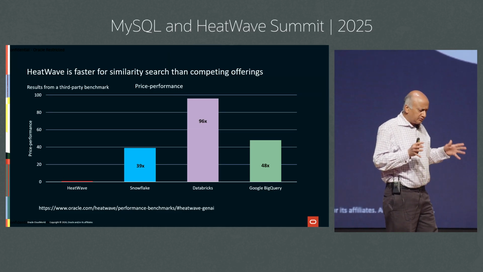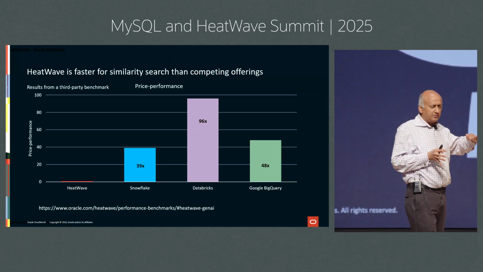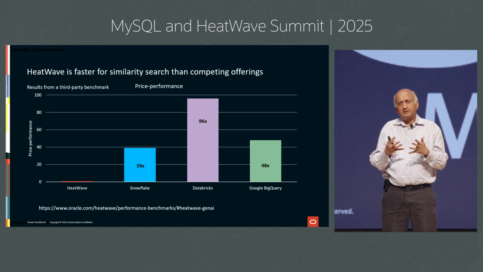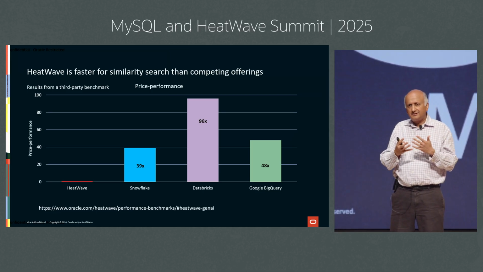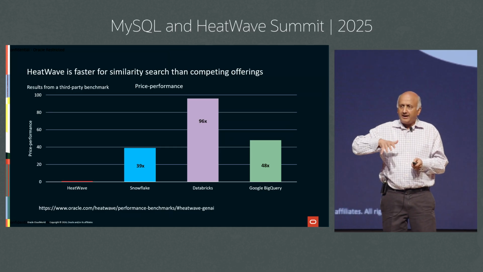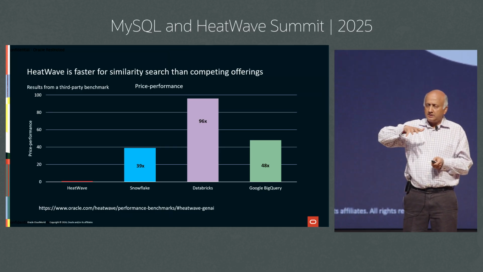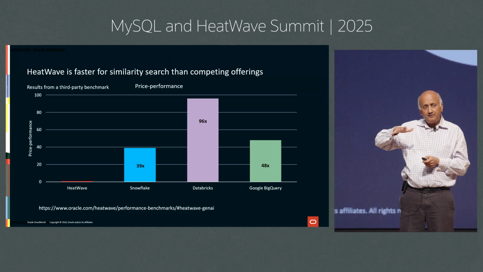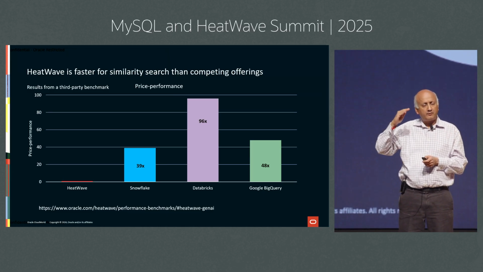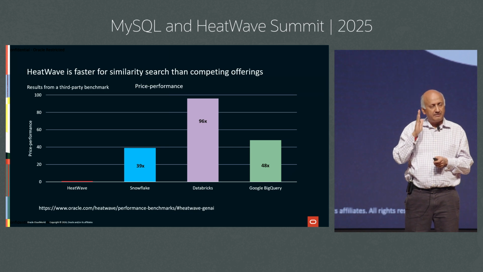Now, so you have the vector, you have the capability to run the LLM, but very often people want to do the vector search, right? The vector search, semantic search, distance functions, these are the same things. Because we are doing this vector processing in HeatWave, 2 things happen. A, it's done in memory, and we have optimized it to run at memory bandwidth.